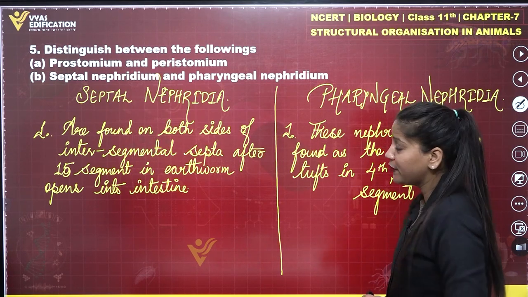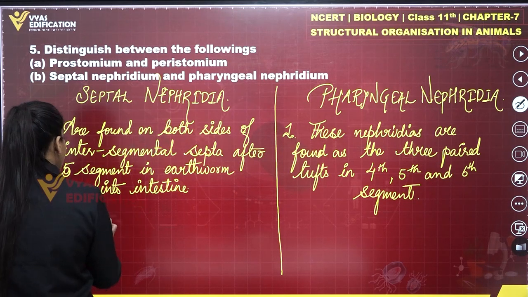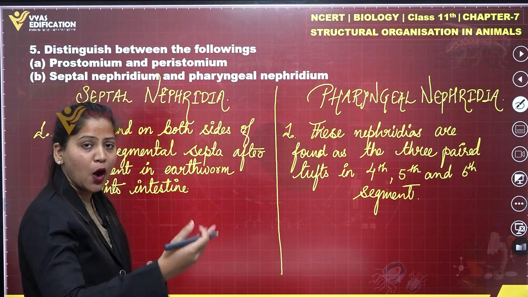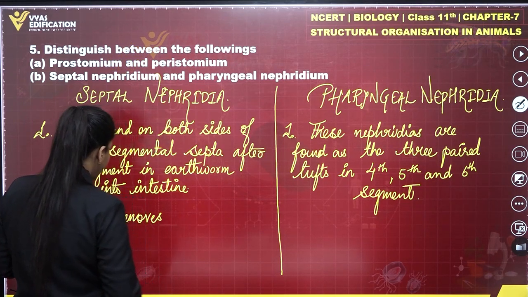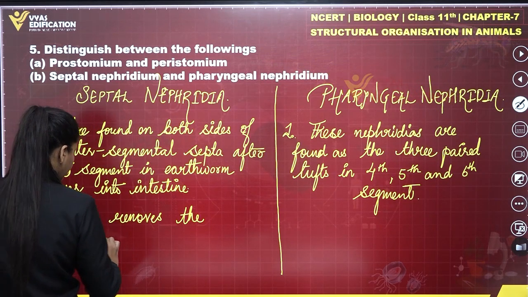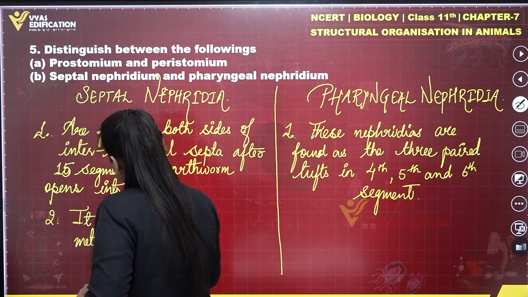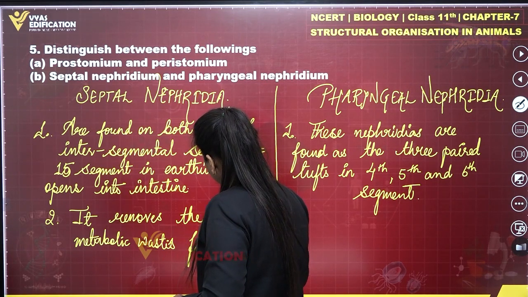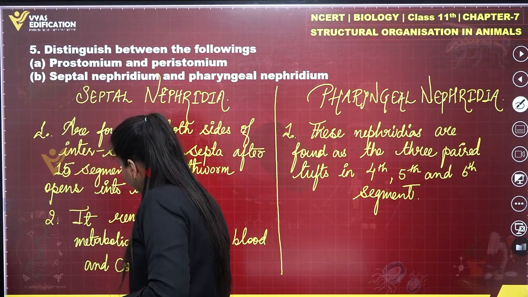Now the next point. Nephridia is an excretory organ, so obviously it removes metabolic waste from the body to the outside. Septal nephridia remove the metabolic waste from blood and coelomic fluid.